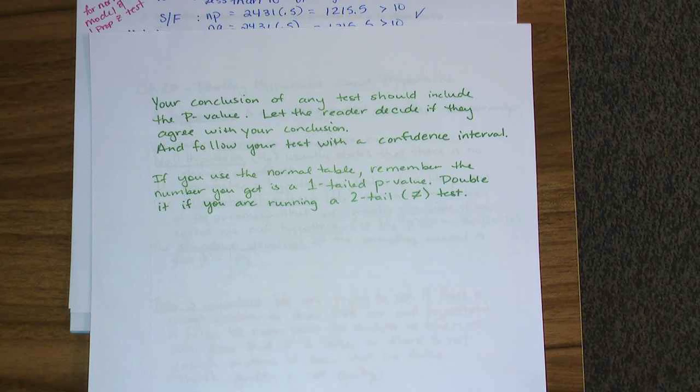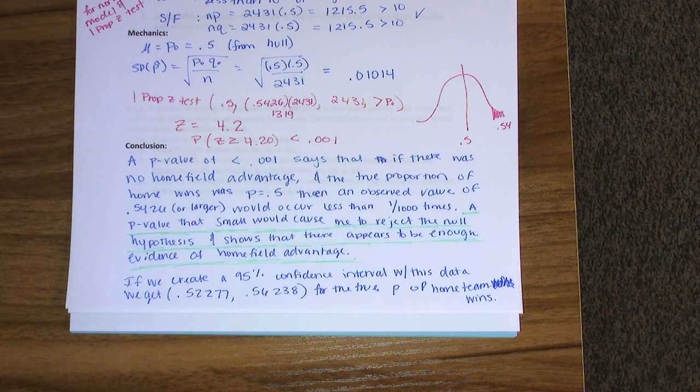Typically the problem is going to ask for your p-value, and it might ask for your confidence interval. I'm not sure how this book does it. I haven't looked that closely at the homework problems yet. And then they talk about if you use a normal table to pay attention to the different values, which we haven't really seen yet. So I'll have to find those tables too and make sure you guys have access to them, but that stuff's not super relevant.